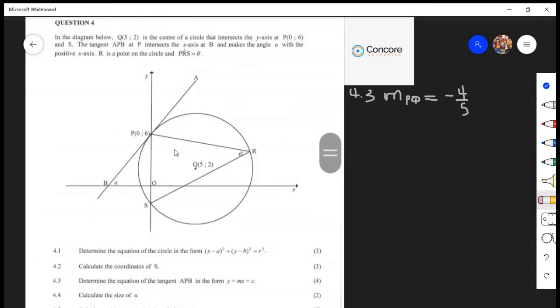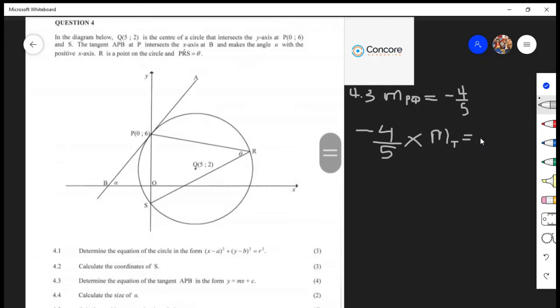Now that we have the gradient of our radius, we can multiply the gradient of our radius times the gradient of our tangent, which is equal to negative 1, since they are both perpendicular to one another. So negative 4 over 5 times the gradient of our tangent is equal to -1.